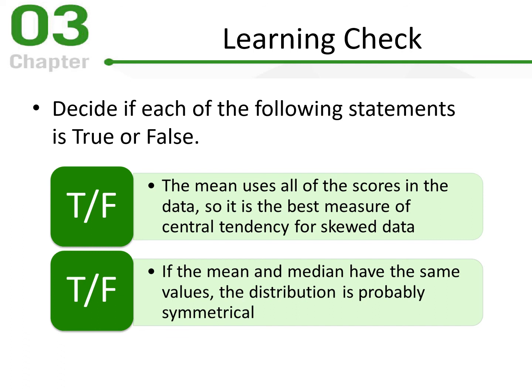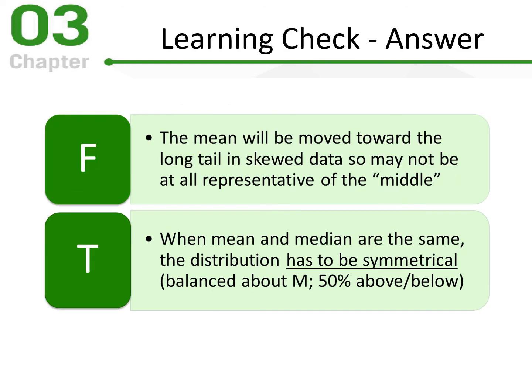And as we showed before, that's the definition of symmetrical, when the mean and the median are the same. If the mean, median, and mode are the same, then you have a normal distribution. So the first one obviously is not the best measure, so that's false, and the second one is true. That's the definition of symmetrical.